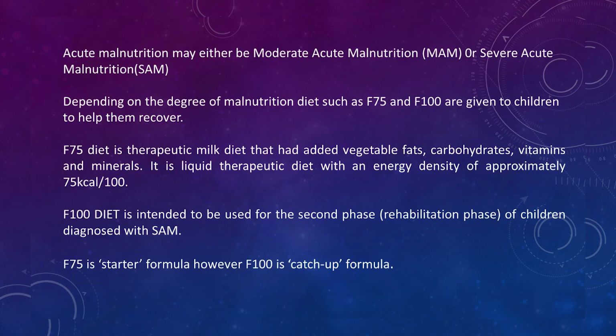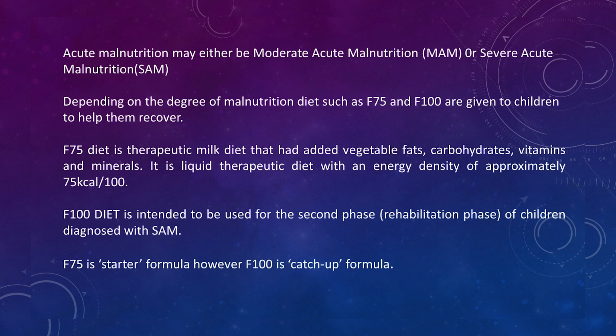In severe acute malnutrition, there is a need for hospitalization, and proper therapeutic food may be provided to prevent death. Acute malnutrition may either be moderate acute malnutrition, called MAM, or severe acute malnutrition, called SAM.